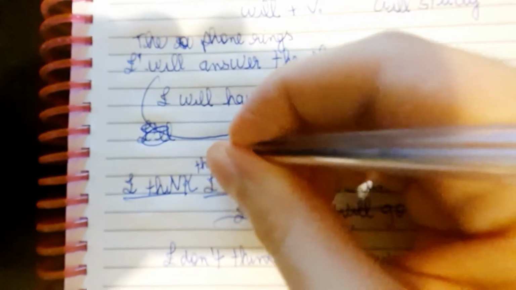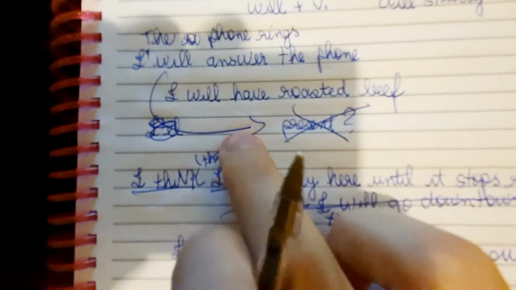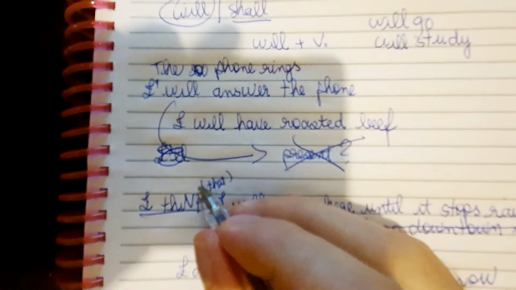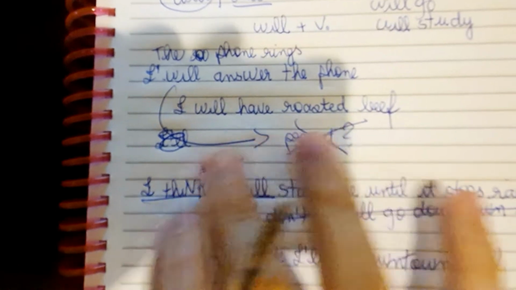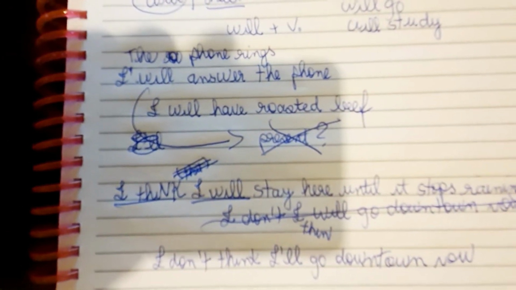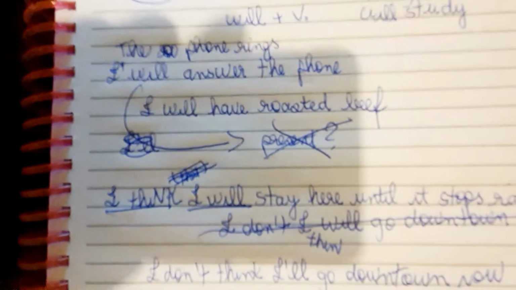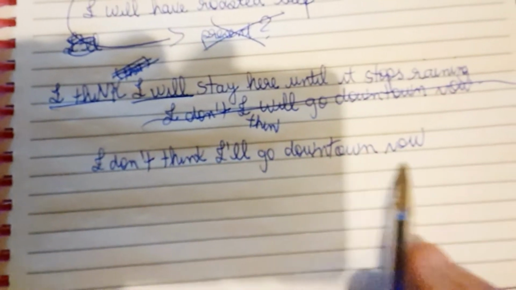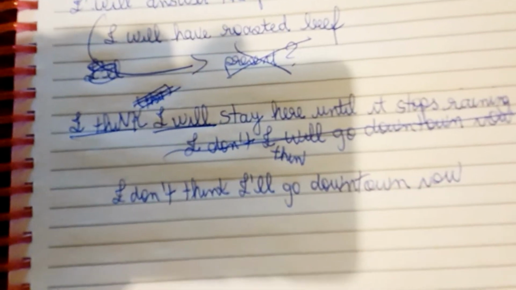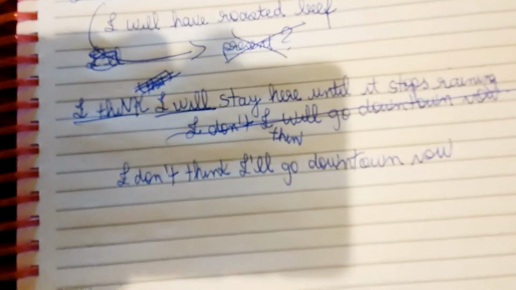It's implicit here that you use I think that I will stay here, but it's more common to omit this that. So you just say I think I will stay here. It's a decision that you have taken. Or I don't think I will go downtown now because I'm not interested in going now. It can be delayed. I can go later or even tomorrow.